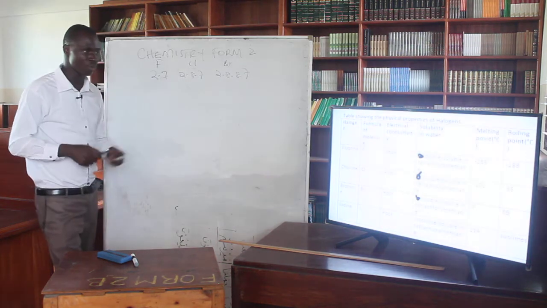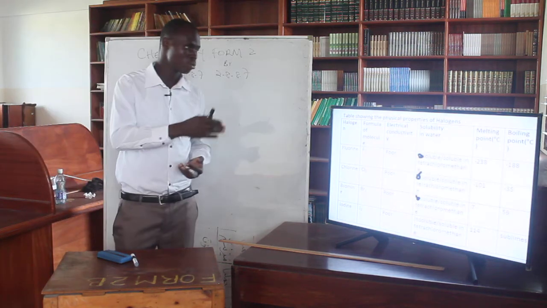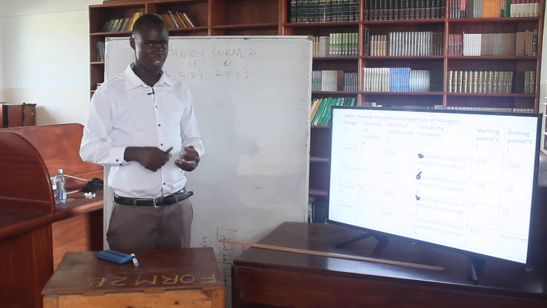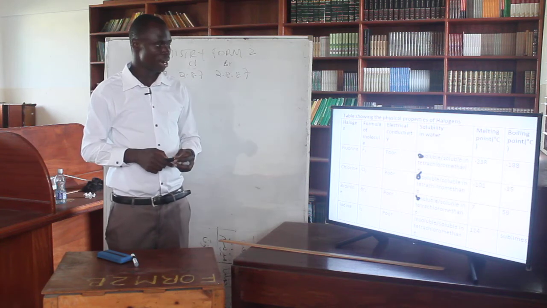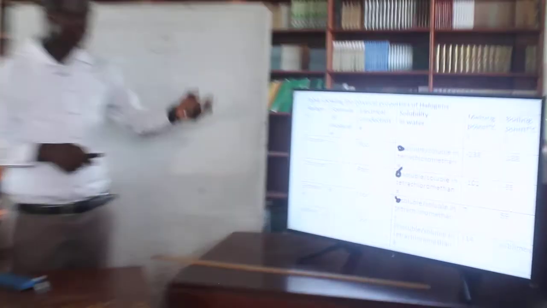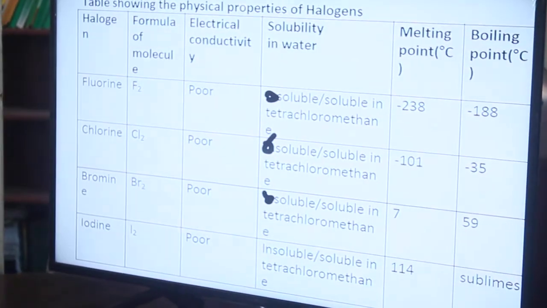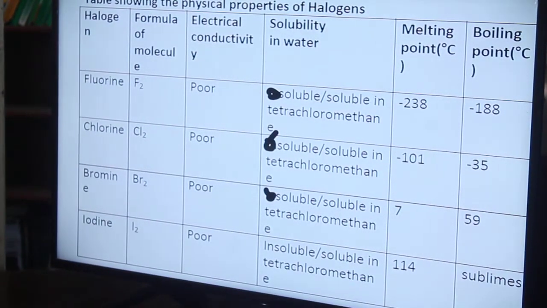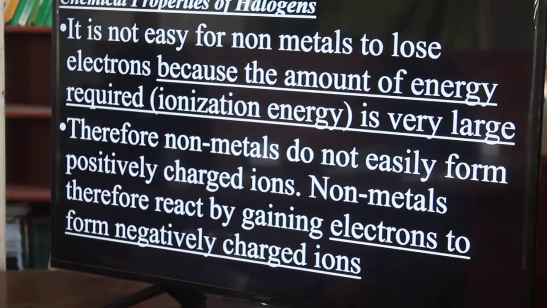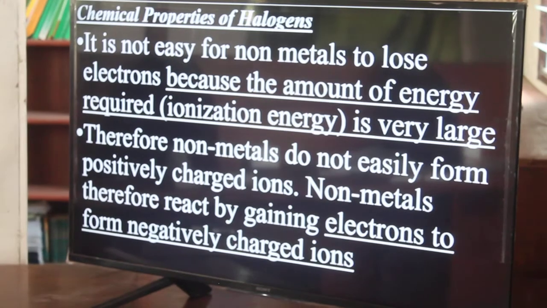Then that's a table that's going to show the different characteristics of halogens. There's the formula, electroconductivity, solubility in water, melting and boiling point, with some of them having already been discussed.